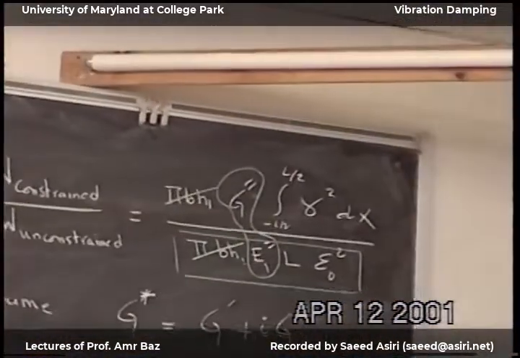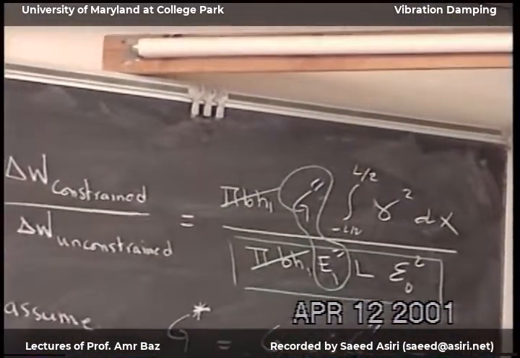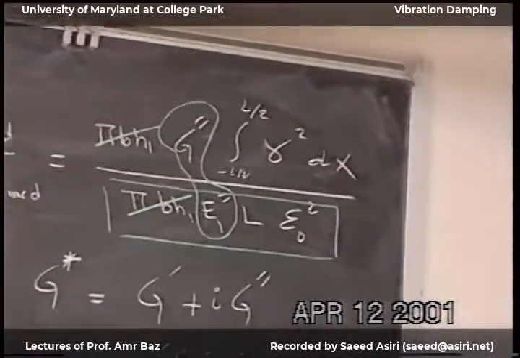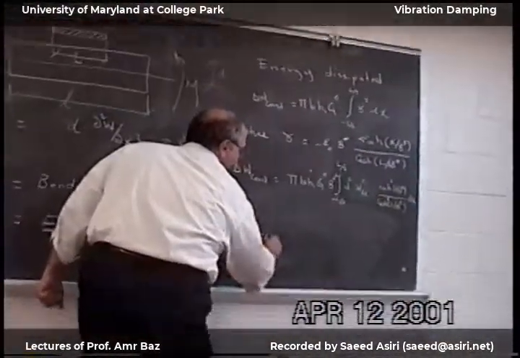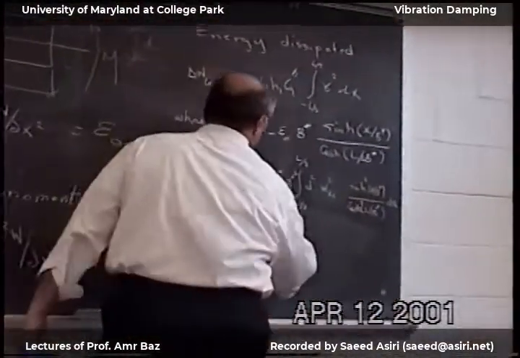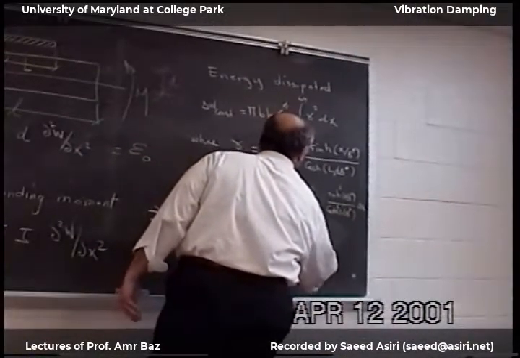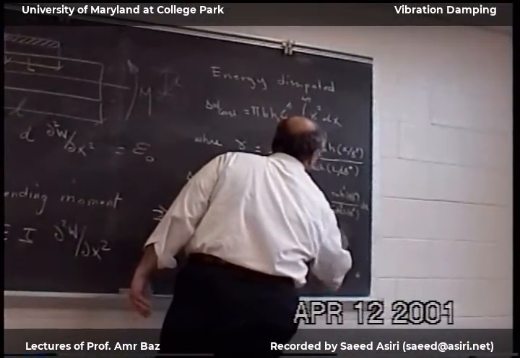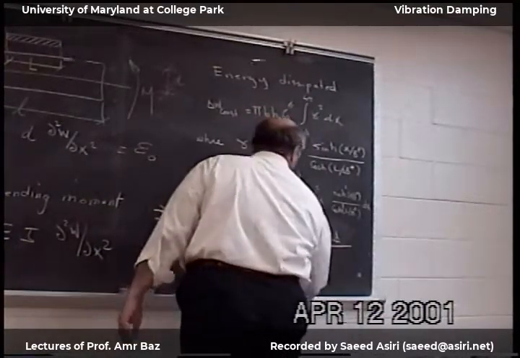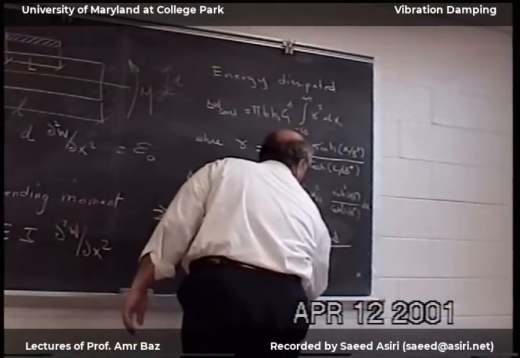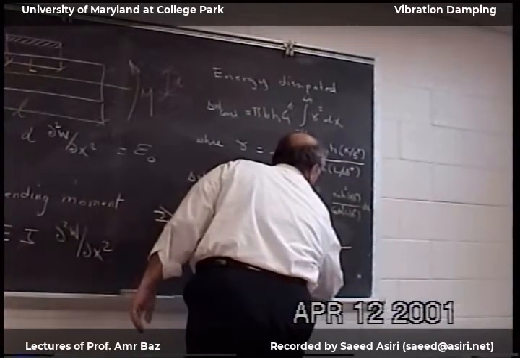Second mode of vibration, the same story. Then the loss factor of the assembly will equal delta W constraint divided by some delta W nominal.